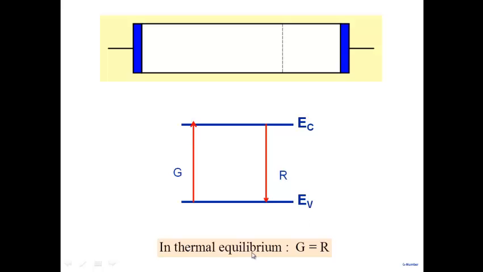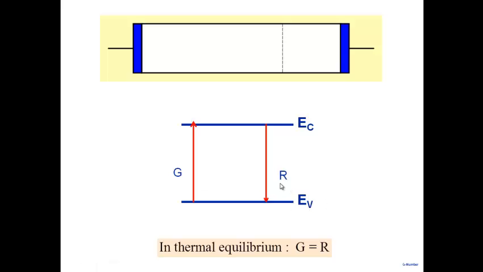In any case, in equilibrium, you expect that generation and recombination would balance each other, and therefore the net rate G minus R will be 0. All right, so then let's look at these mechanisms which cause generation of carriers, mechanisms which cause recombination of carriers in a little bit more detail.